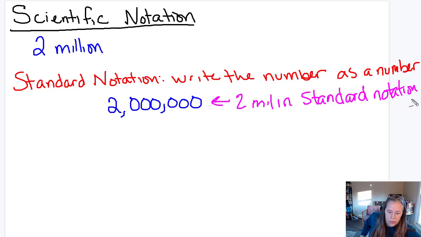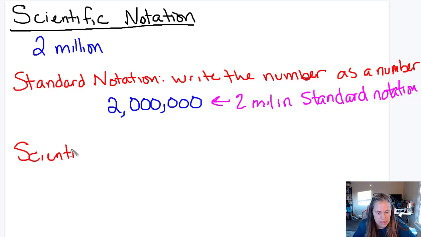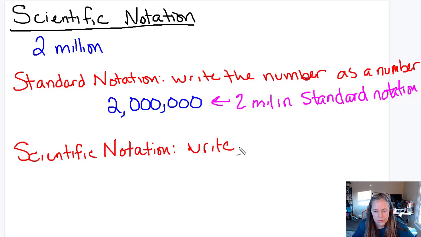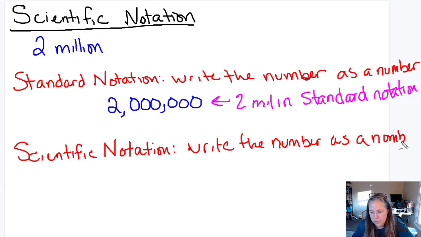Okay, so scientific notation is write the number as a number times the power of 10.